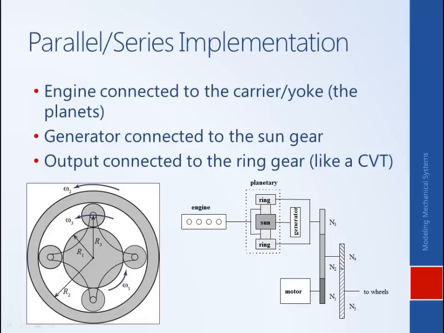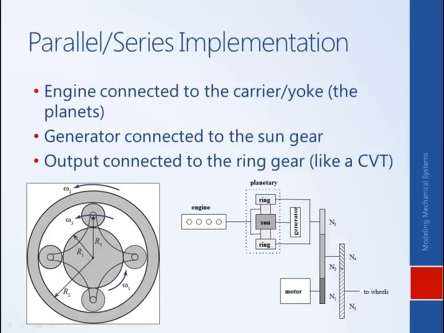So this overcomes one of the disadvantages of a parallel implementation, but it also overcomes the disadvantage of a series implementation. In a series implementation, you could operate the engine in its sweet spot, but in order to do that, the engine drove a generator, which then generated electricity to drive the electric motor. And so in that series architecture, that multi-form conversion, going from mechanical to electrical and then from electrical back to mechanical, caused unnecessary efficiency losses.